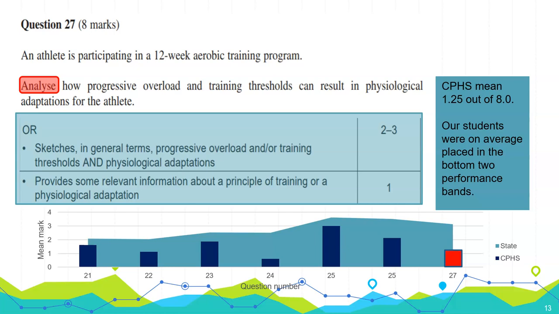Generally speaking, to access the higher bands or marks, our students needed to show the relationship between progressive overload, training thresholds, and physiological adaptations resulting from a 12-week aerobic training program. And they needed to draw out implications of the relationship between the progressive overload, training thresholds, and physiological adaptations.